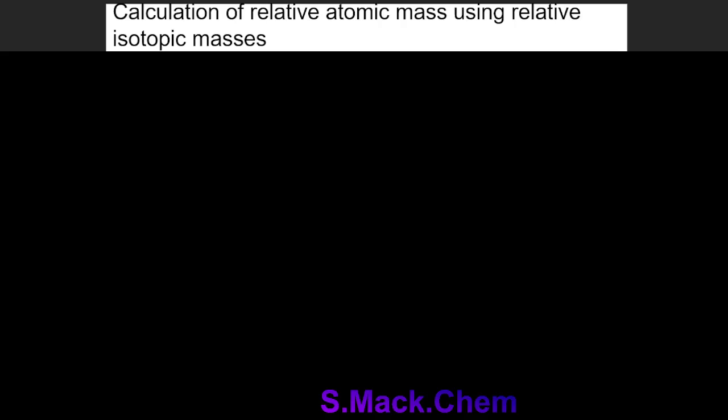Calculation of relative atomic mass using relative isotopic masses. Now keep in mind the relative atomic mass takes into account the masses of the isotopes. The mass of the isotope is a simplified term and we refer to it in chemistry as relative isotopic masses.